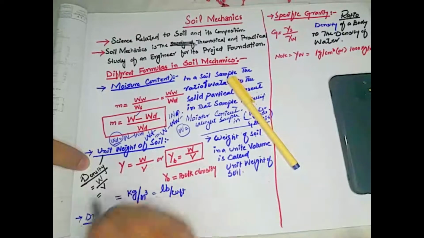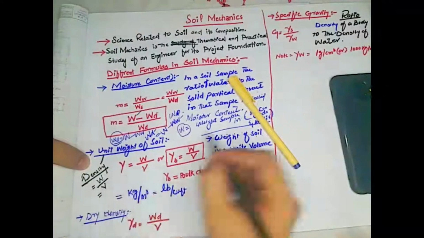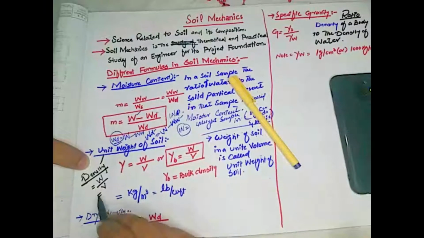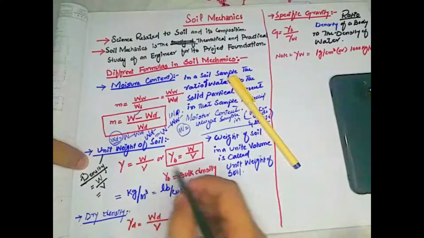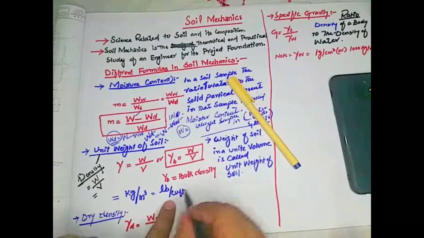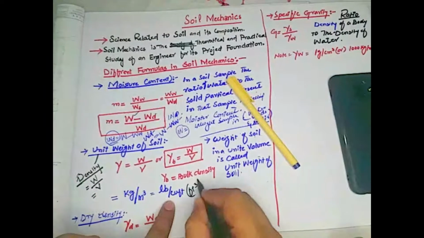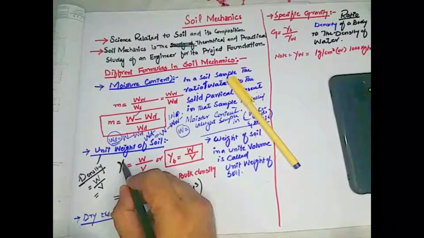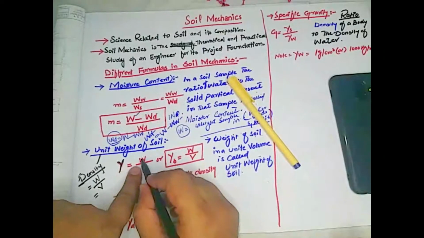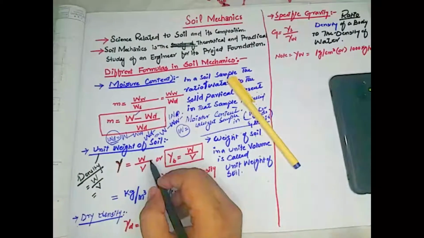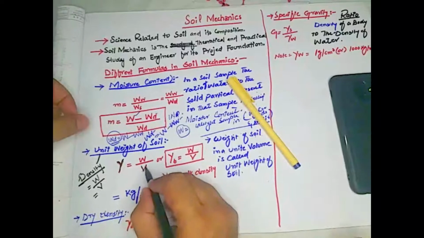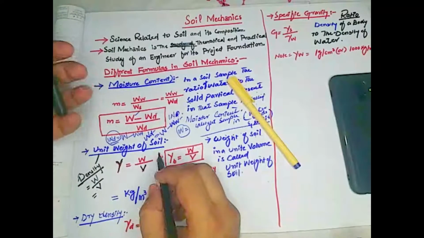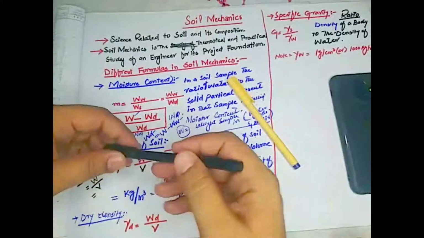The unit of density is kg per cubic meter or pound per cubic feet. So density is denoted by gamma and is equal to the total weight of a soil sample divided by the total volume of a container in which this soil sample is collected.